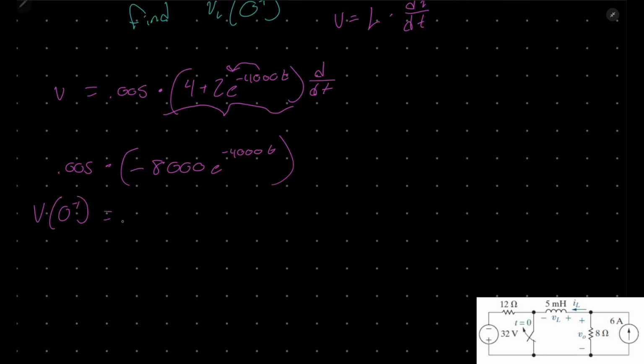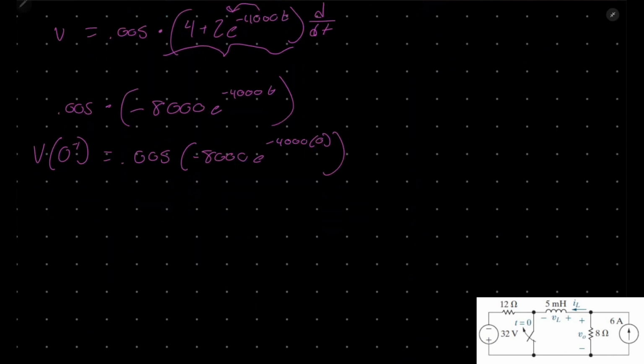So I'll rewrite the equation with a 0 in our equation. And now we will plug all of that into our calculator to get a v value of negative 40.